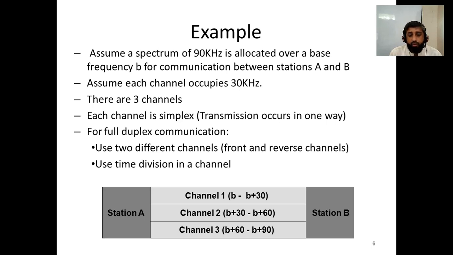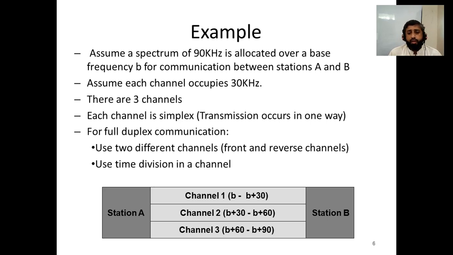If we want to use duplex communication, that means we intend to have two-direction, bidirectional communication from station A to station B and back from station B to station A. In order to have simultaneous communication, we must use two different channels, which are typically called forward and reverse channels.